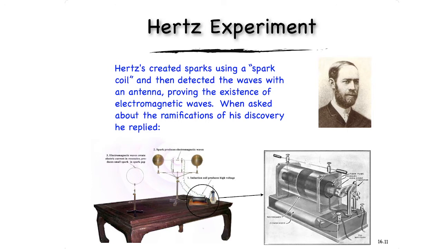And so this gives rise to what? Cell phones, satellite communication, radio, light, like all that stuff that we take for granted that's part of modern society was first sort of proven in this Hertz experiment. And so Heinrich Hertz was asked what he thought the ramifications of his discovery were.